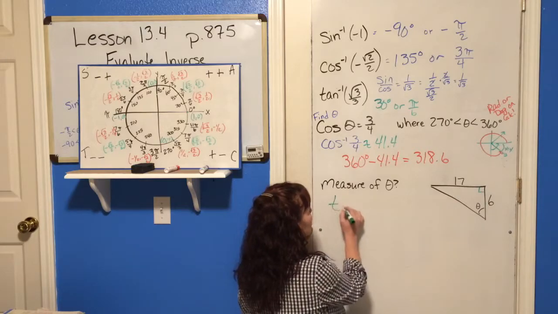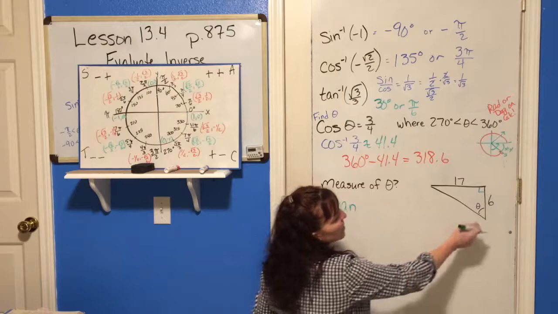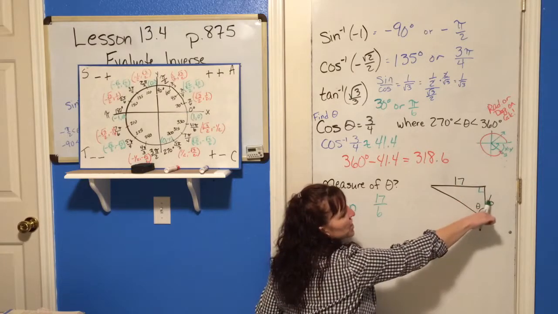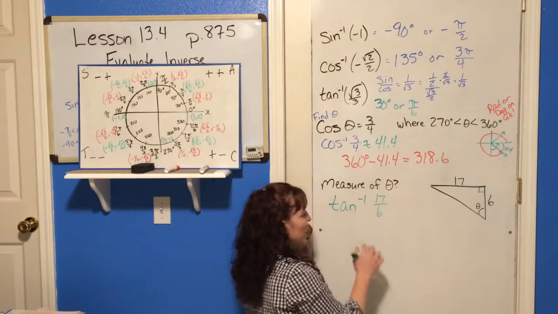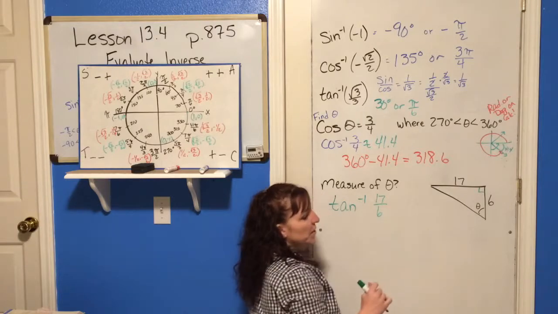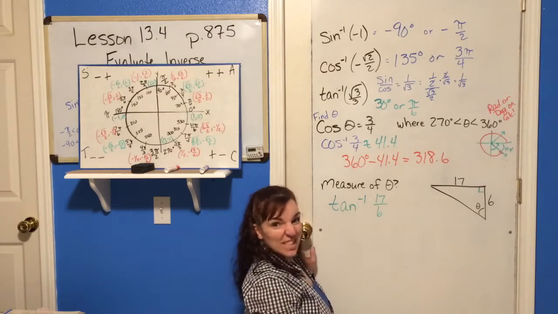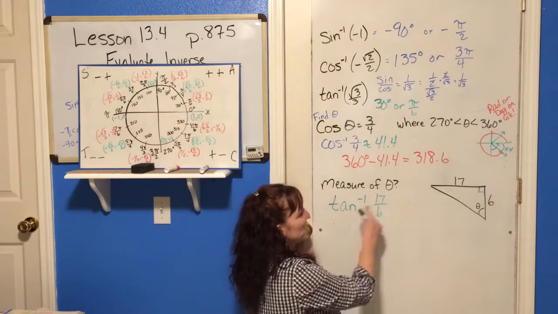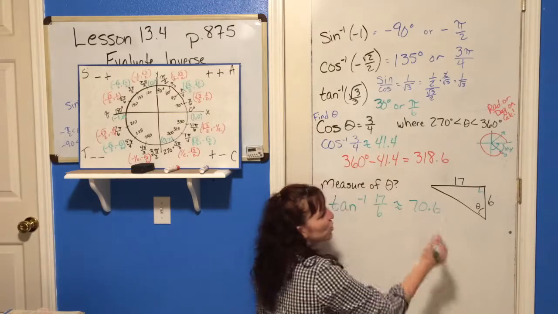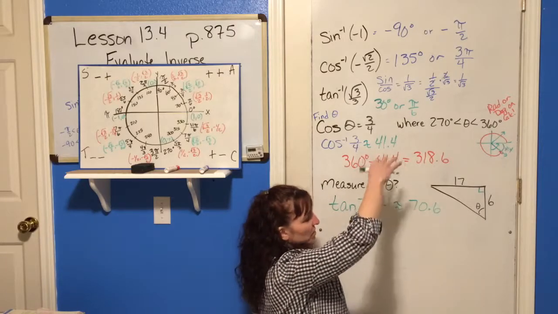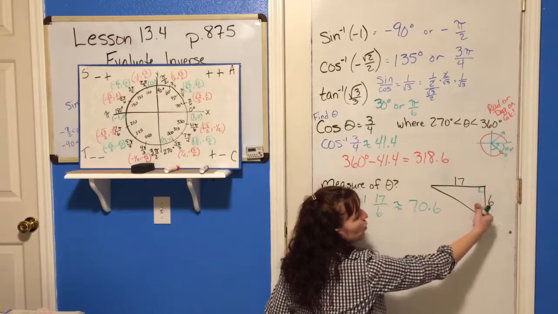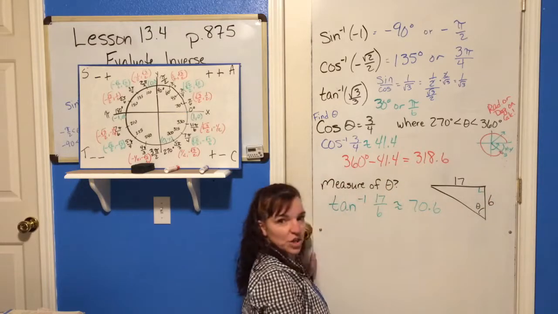But I know the tangent of theta is going to be 17 over 6 because it's opposite over adjacent. And so if I take the inverse tangent of 17 over 6, I should get theta. So this is really, really simple. All you do is second tangent 17 divided by 6, and you end up with 70.6, and you don't even have to worry about a reference angle, because you know you want that 70-degree angle. You want just an acute angle, and you're done.